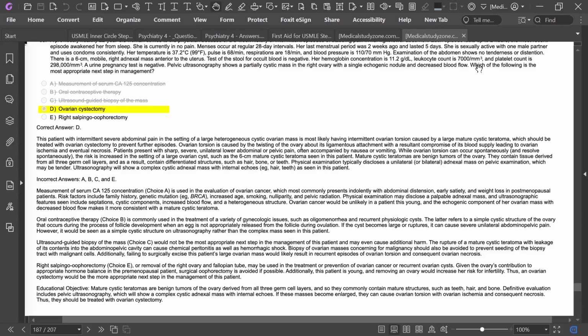Surgical oophorectomy is avoided if possible. Additionally, this patient is young and removing an ovary would increase her risk for infertility. Thus, an ovarian cystectomy would be the more appropriate next step in the management of this patient.